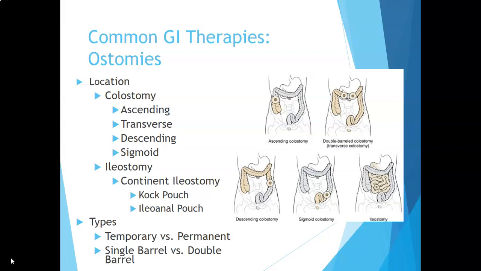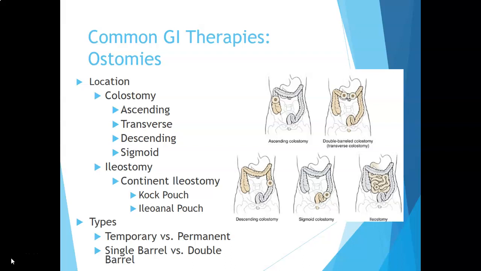Sometimes somebody just has some colon cancer. They need to go in and take out a portion of the bowel, and in order to help that bowel rest, they give them a temporary ostomy, and it's usually reversed in like 6 to 8 weeks or so. Permanent, obviously, is permanent. Single-barreled versus double-barreled, don't get too bogged down with that.